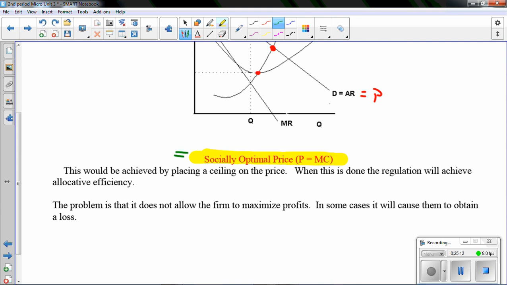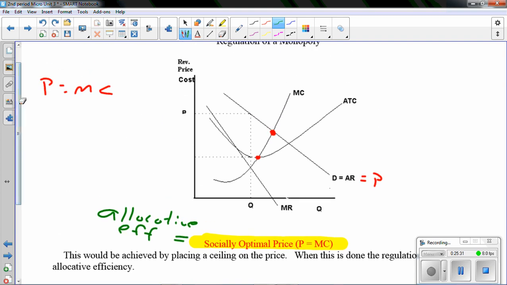So this for us is easy because it's the same thing as allocative efficient. Now, we don't say we're going to regulate the monopoly at the allocative efficient point. We say we're going to regulate them at the socially optimal point. I don't know why. I just know that's what we do. So understand that we're going to regulate them at the allocative efficiency point, which is what we call socially optimal. So this is socially optimal.